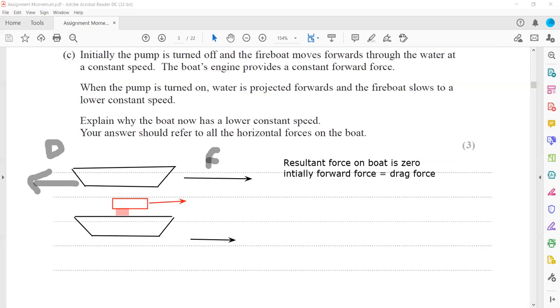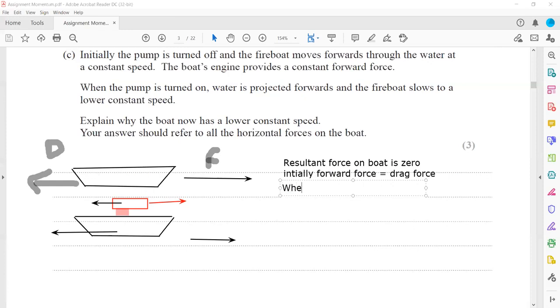Then what happened? The moment when the pump is switched on, the pump is exerting force on the water, and the water is exerting force on the pump, so it creates a force in the backward, opposite direction.